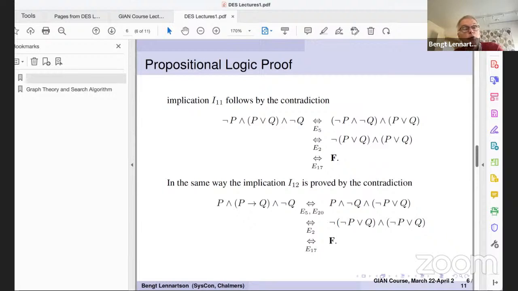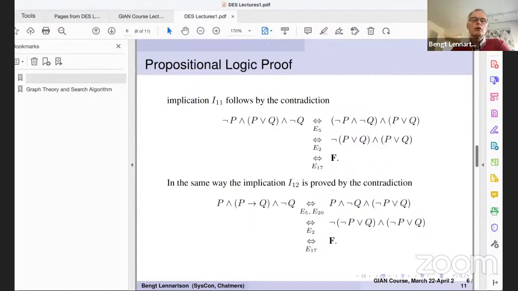But maybe you remember that I said that a contradiction can also be used to make a proof of this. So let's look at that one instead. What we do then is that we take the first statement implies the second statement, but then we put a contradiction on the second statement.